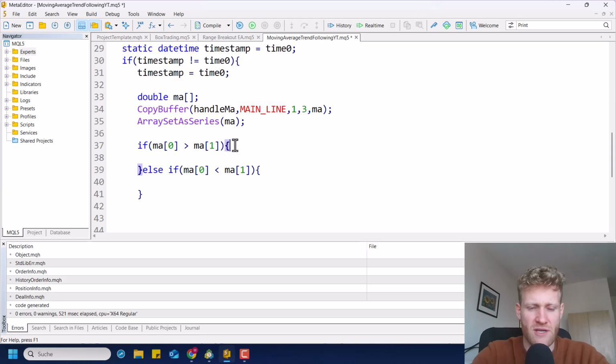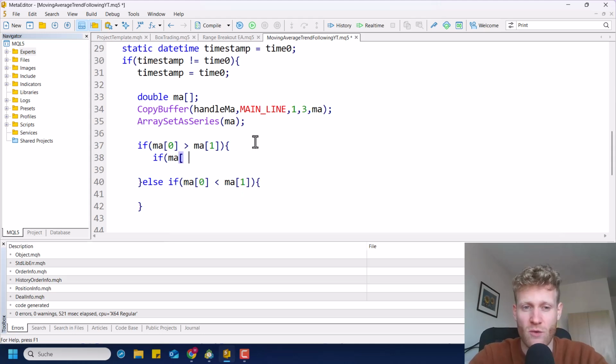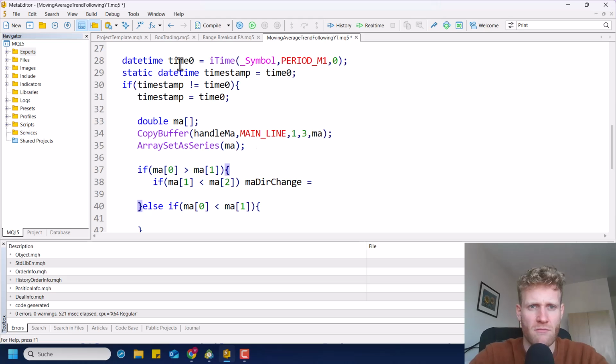So we want to check if, oh wait, we have this here already. What we can do is say if the moving average is pointing upwards and one candle back the moving average was looking downwards, then we have an MA direction change. And then we store the time 0 here from our time 0 variable, like the start of the 1 minute candle when this happened.